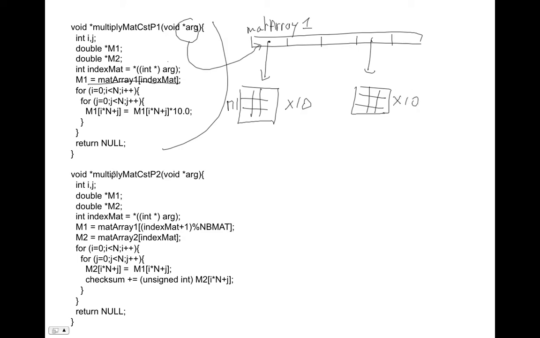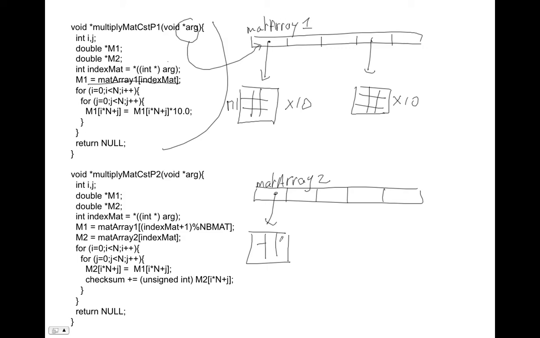In the second part of the sequential computation, I have mat array 2, and again I'm pointing to a new set of arrays in here, and what I am doing here is just a copy with M1.